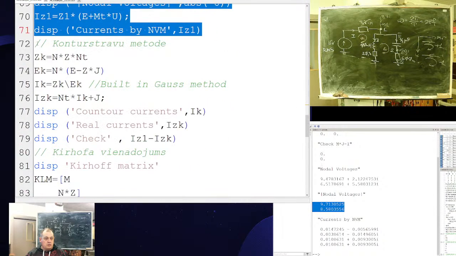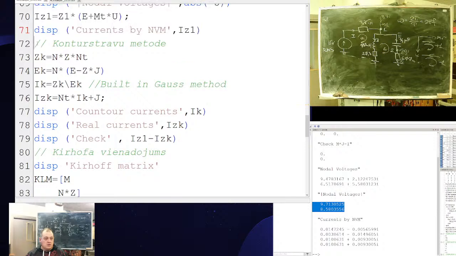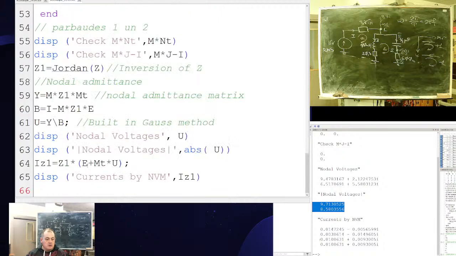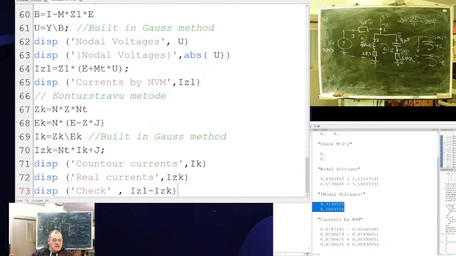Here is my contour solution. Again, yesterday I just took it from the DC example. The only difference is contour resistance: in the previous one it was NR and transformed, now it's NZ because the imaginary part arrived.